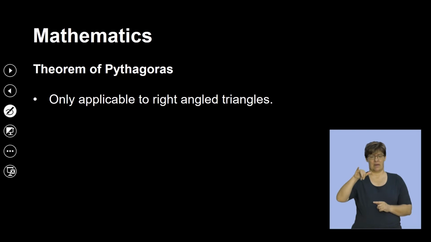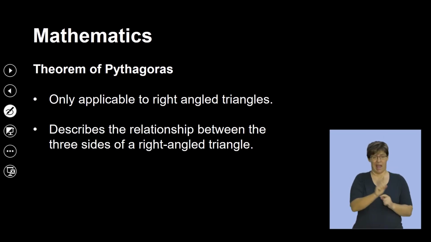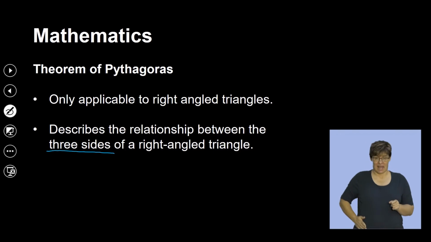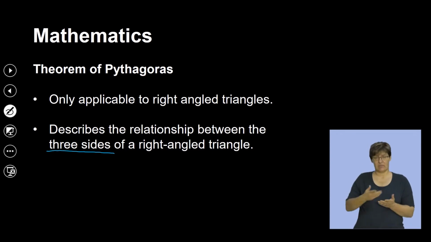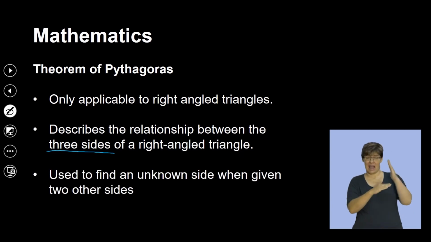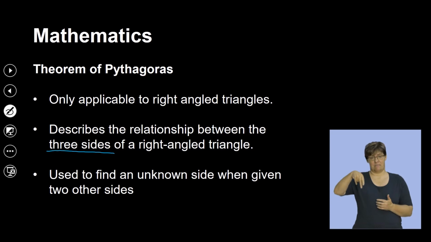Remember that this is only applicable to right-angled triangles, not any other triangle. It describes the relationship between the three sides of a right-angled triangle. The longest side is the hypotenuse, and the other two sides are named according to their relation to the angle that is given.